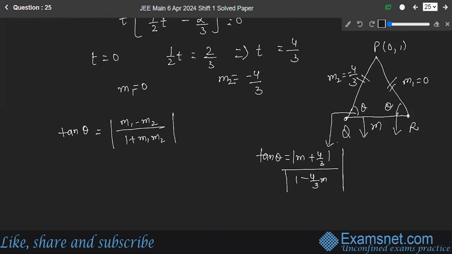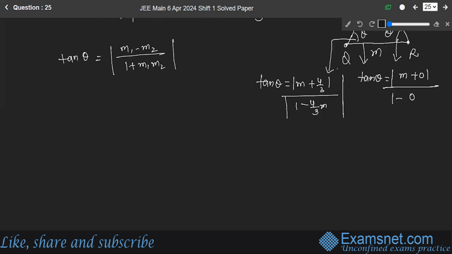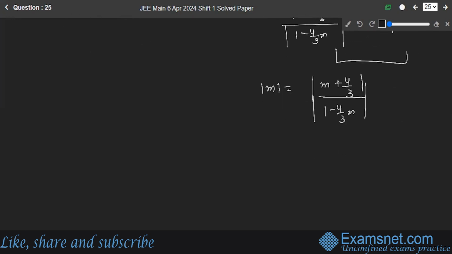This will be for R, this is tangent of theta, that is the angle between them. This is m plus 0 upon 1 minus 0. Okay, so this gives me both are equal. That means the modulus of m is equal to modulus of m plus 4 by 3 upon 1 minus 4 by 3 m. Okay, so let's solve it further.